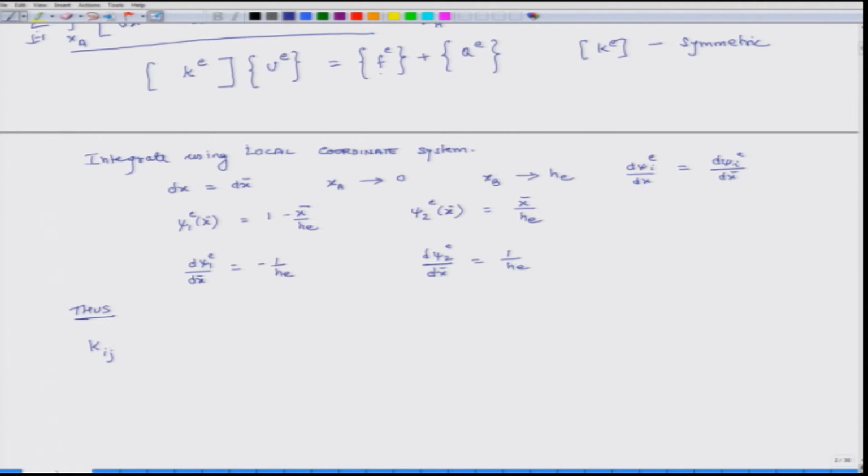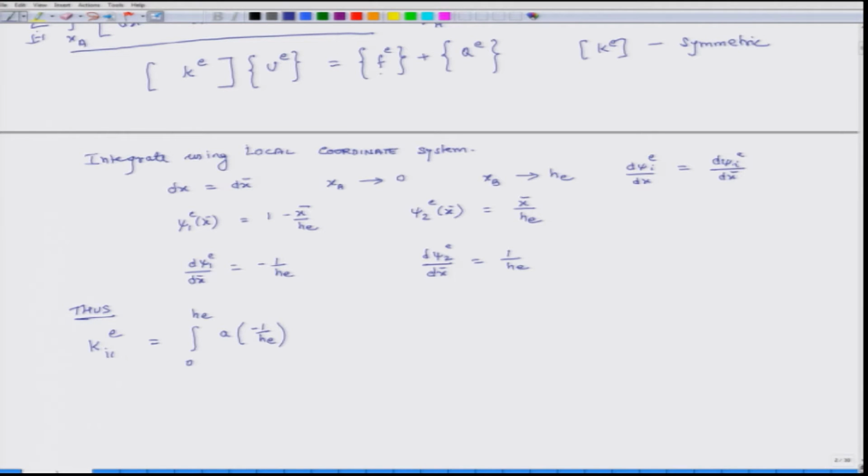Thus, k i j for the eth element is equal to the integral from 0 to h e of a times minus 1 over h e. Actually, what I am doing is computing k 1 1.